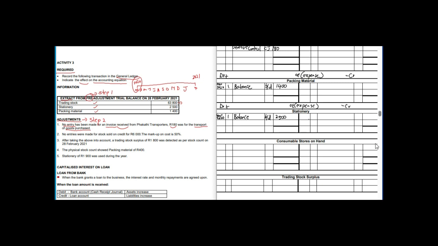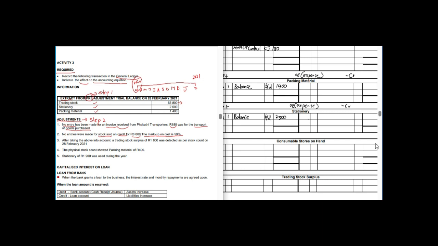So since now we have recorded this transaction, we are moving to transaction number 2. It says no entries were made for stock sold on credit for 6,000, and the markup on cost is 50%, meaning we sold trading stock of 6,000.